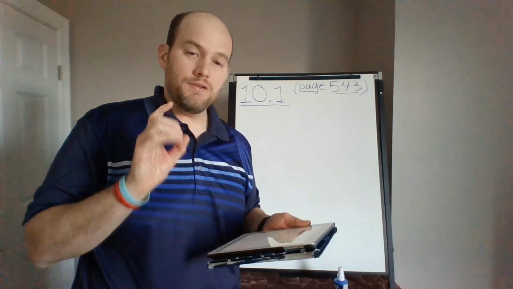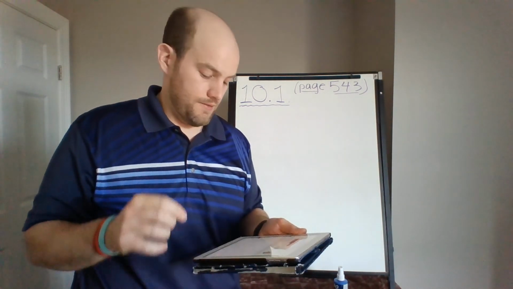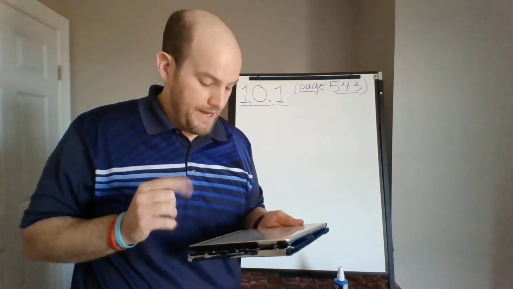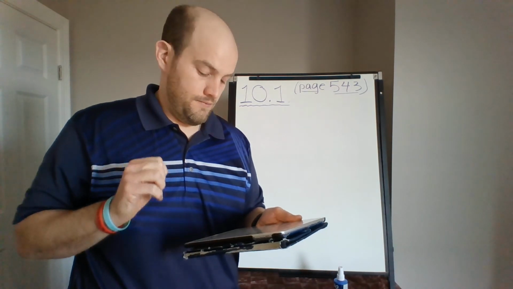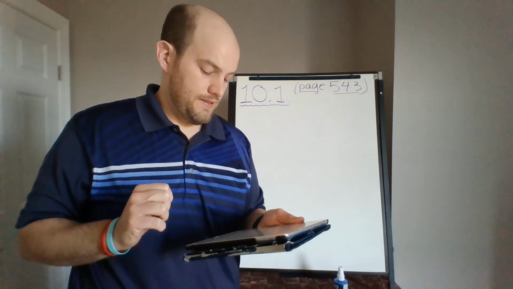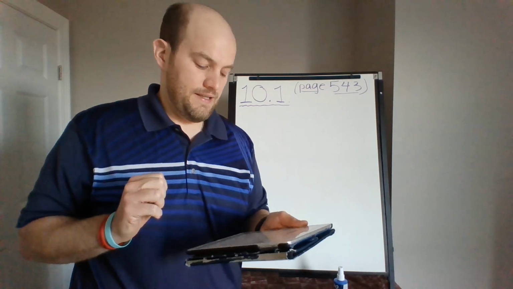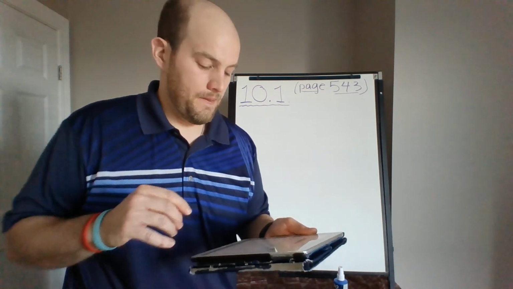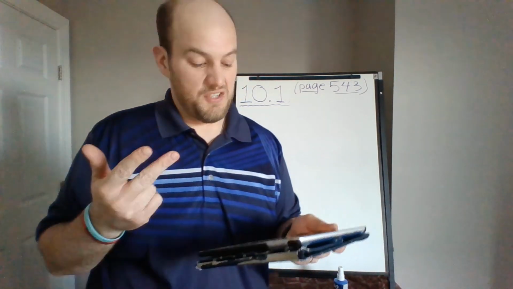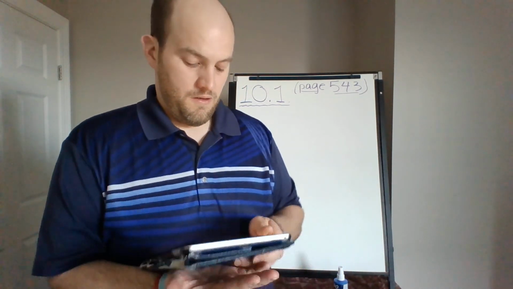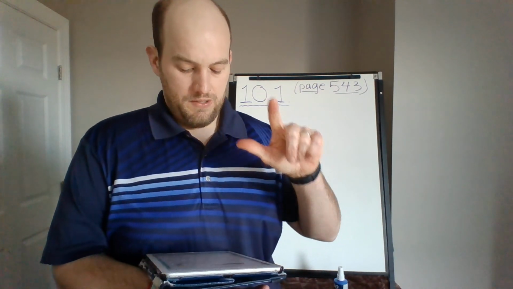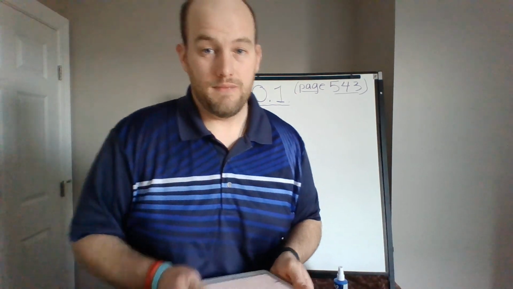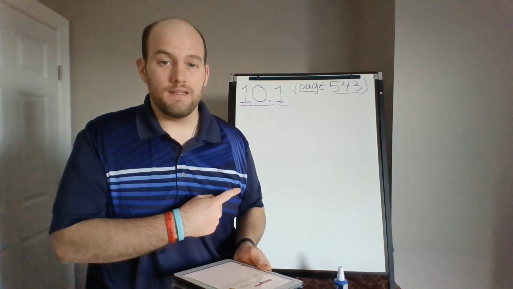If you're doing just the evens, you should circle these numbers: 2, 4, 6, 8, 10, 12, 14, 16, 18, and 20. That's 10 problems, and it should not take you very long.